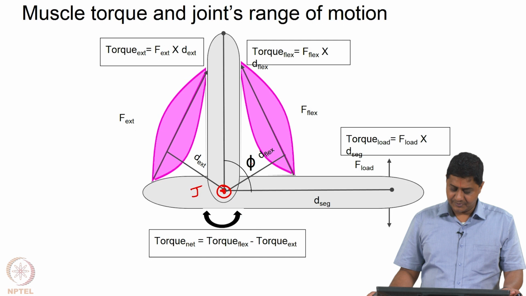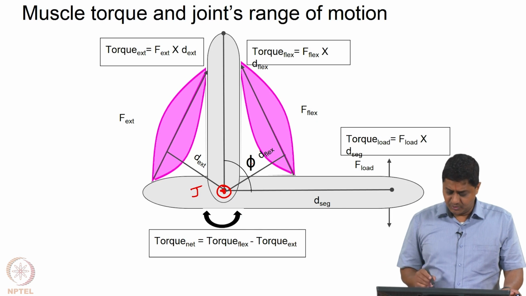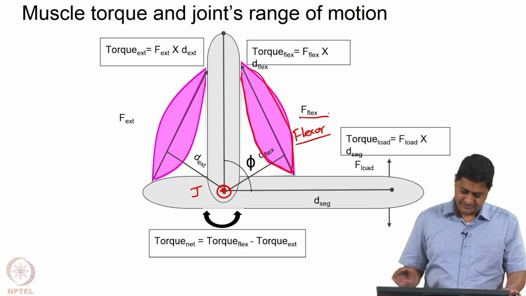In that case, what should happen? Let us consider that this joint is spanned only by two muscles. For the purpose of discussion, there are only two muscles. One muscle is this, which I am going to call the flexor, and the force produced by this flexor is F flex.